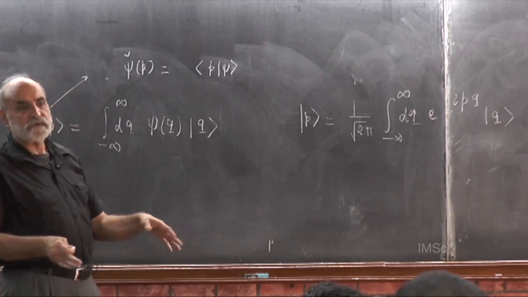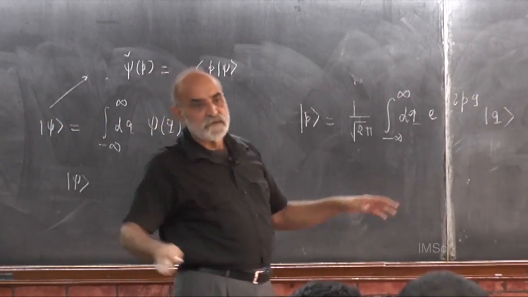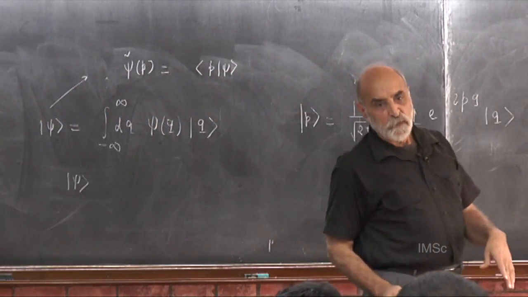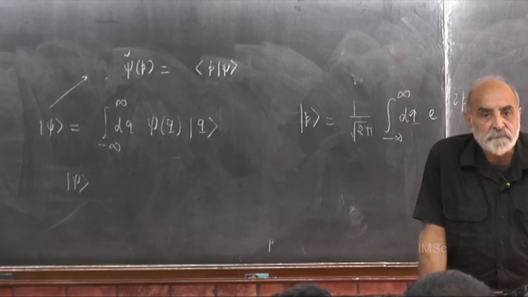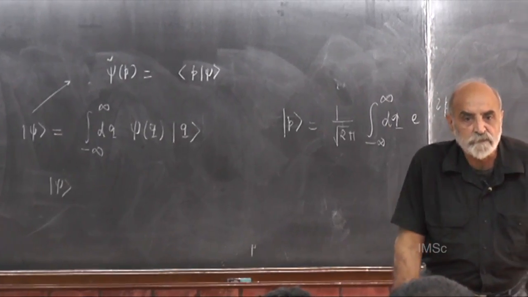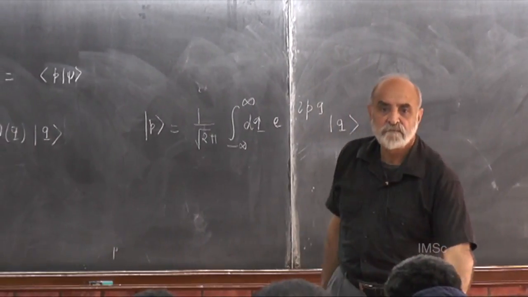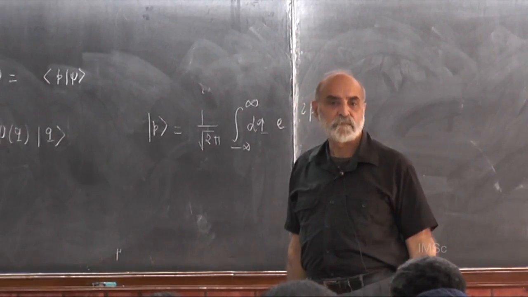Once you have a basis, every vector can be expressed as a linear combination of the basis vectors, and if it's a complete basis, you can do so uniquely. Is that clear? Only thing, it is not countable, that's why it is an integral.